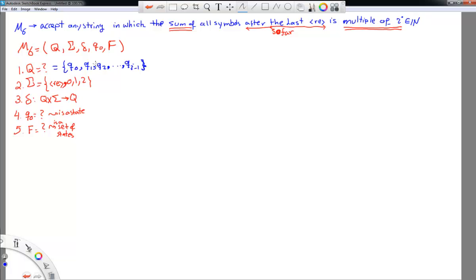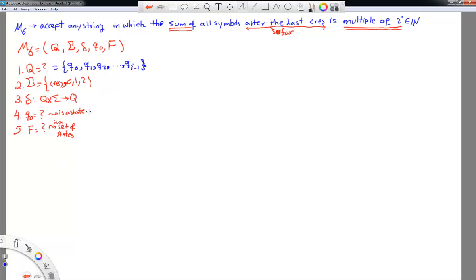So if my machine is in Q sub k, what does that mean? If you sum up all the elements you've seen so far, take its modulo i, and it's k, then you will be in state Q sub k. That's what each Q sub k represents.